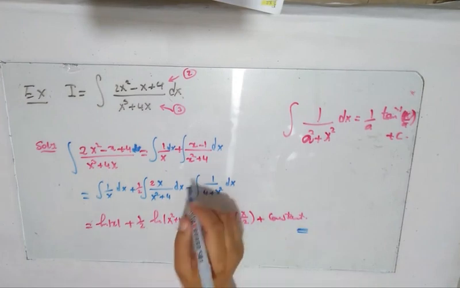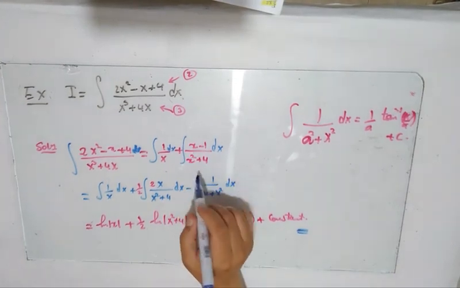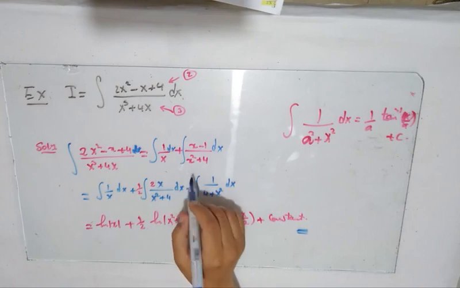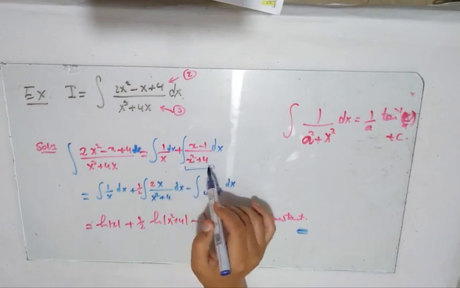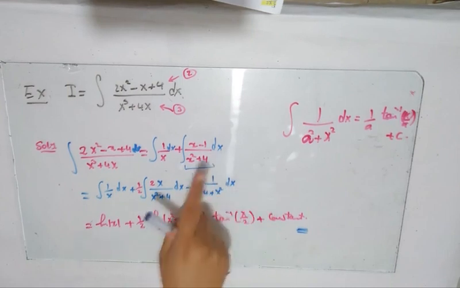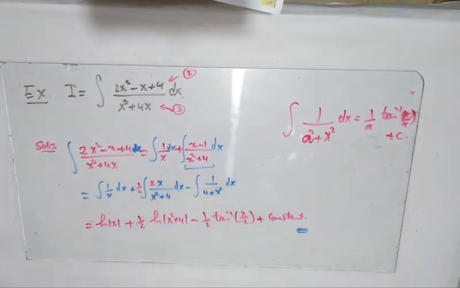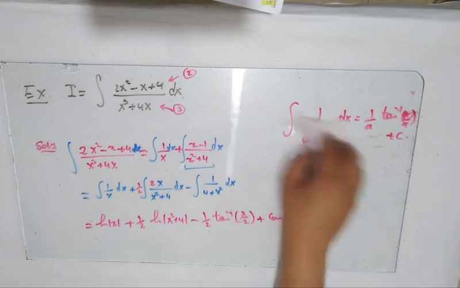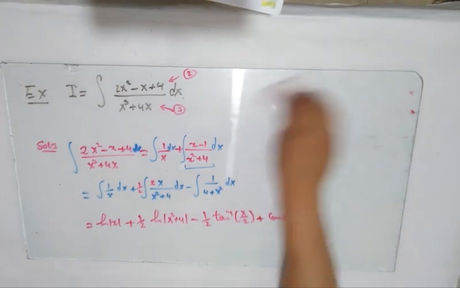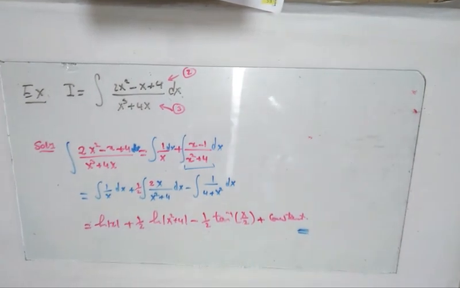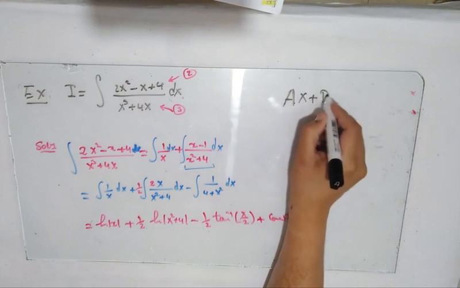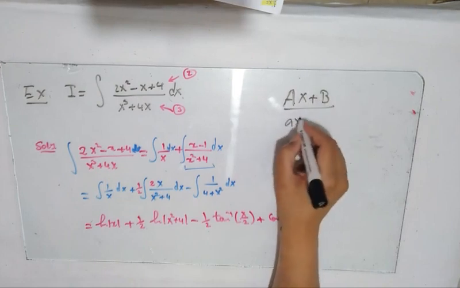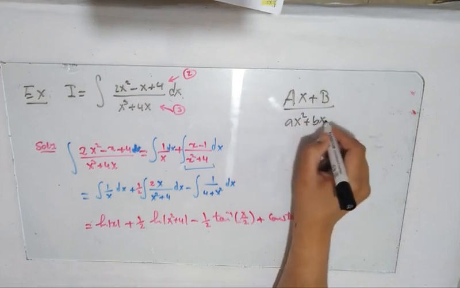Okay, so we're done with this example. Actually I had chosen this example a little bit easy because the partial fraction decomposition gives us (x minus 1) over (x squared plus 4), which is easy to integrate. But what will happen if our partial fraction decomposition contains something like (Ax plus B) over (ax squared plus bx plus c)?